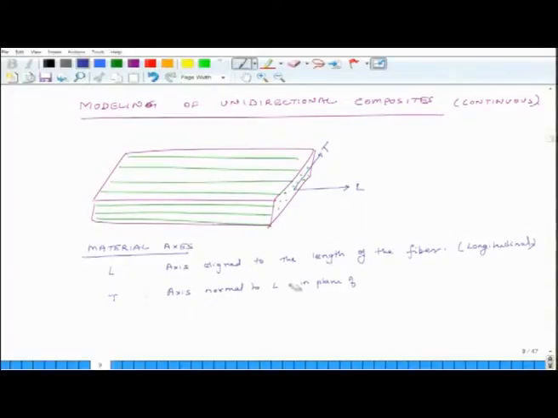So, this axis is normal to L and this is called the transverse axis. And then there is a third direction, because you always want to have 3 sets of mutually orthogonal axes, which are at 90 degrees to each other. So, the third axis we call T prime.